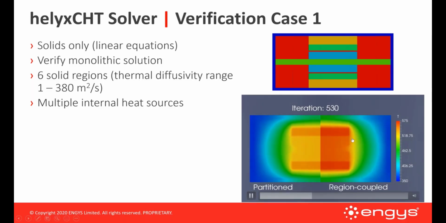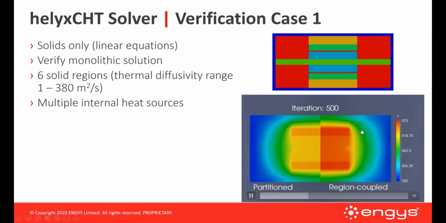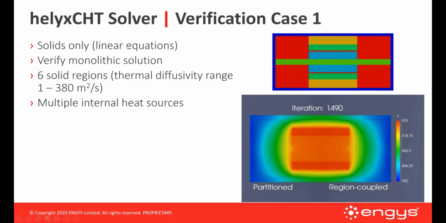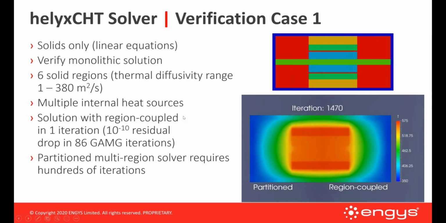Here on the right, we've got the region coupled, and on the left, we've got the partitioned. And you can see that the region coupled converges extremely fast compared to the partitioned. In fact, the region coupled converges within 1 iteration, whereas on the left for the partitioned, it goes on to several hundred and greater than 1,000 iterations to converge this system of just solids.